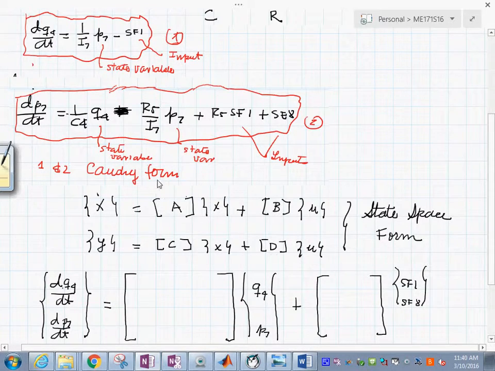On the bottom one, this one in here for q sub 4 is going to have minus 1 over c sub 4. And then you have this p sub 7, which will be minus r sub 5 over I7.